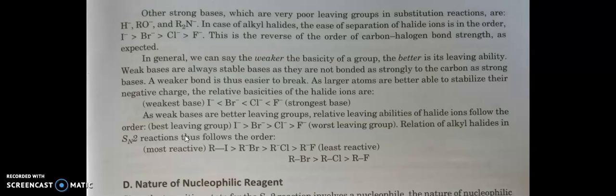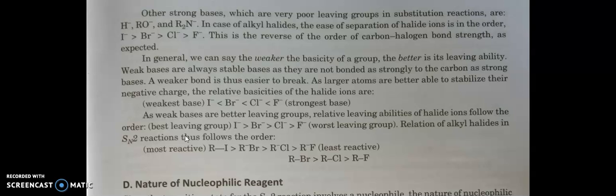In general, the weaker the basicity of a group, the better is its leaving ability. Weak bases are stable bases as they are not bonded as strongly to the carbon as strong bases. A weaker bond is thus easier to break, as larger atoms are better able to stabilize their negative charge.